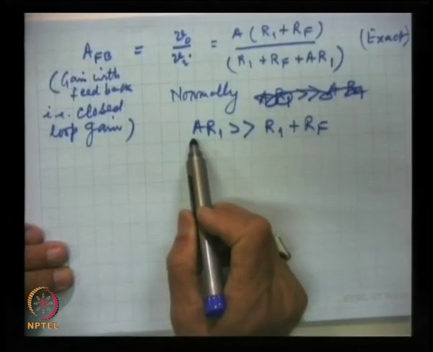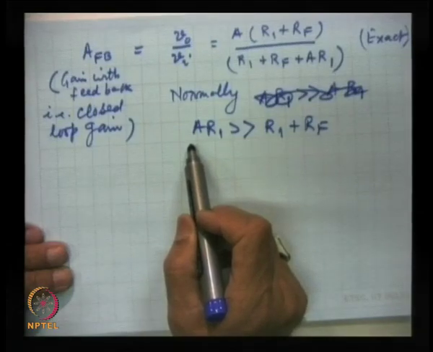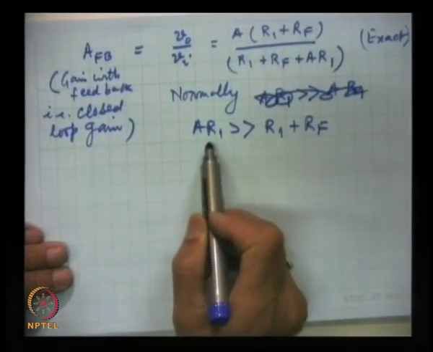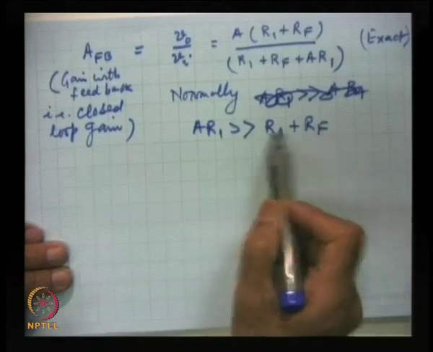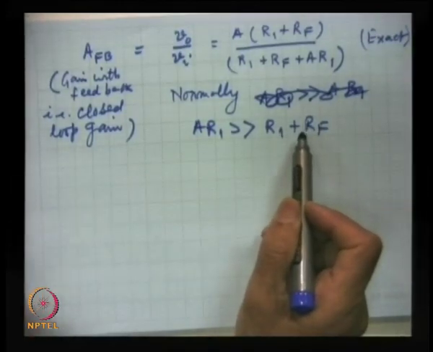R1 into A is 10 to the power 5, so 100,000 times R1, while these resistances may differ hardly by a factor of 2 or 3 or 5.